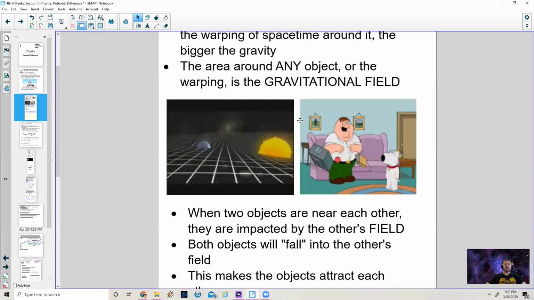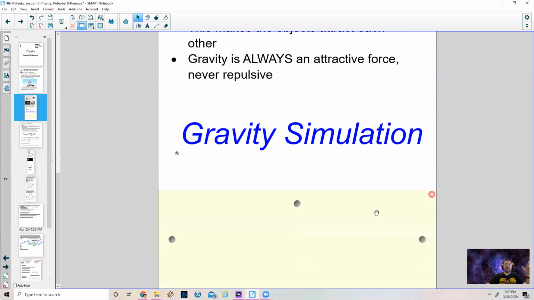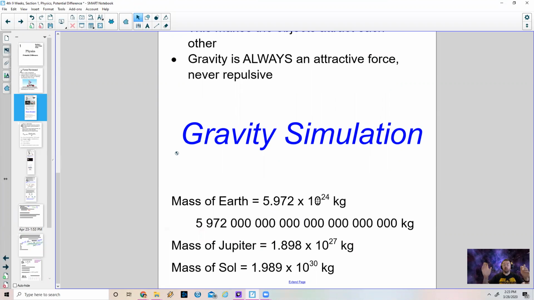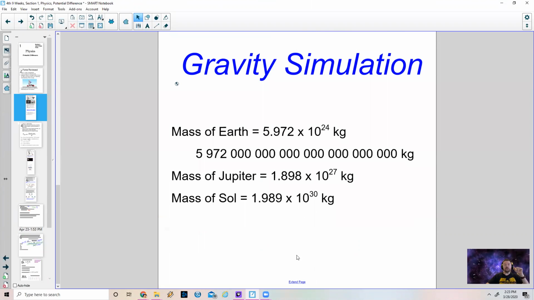So Newton, he's the guy that figured out everything about gravity. And he knew that the more massive an object, the more gravity it had. So let's take a look at these three masses of these common objects in our solar system. They're good reference points because it's the planet we live on, the largest planet, and then the largest thing in our solar system.